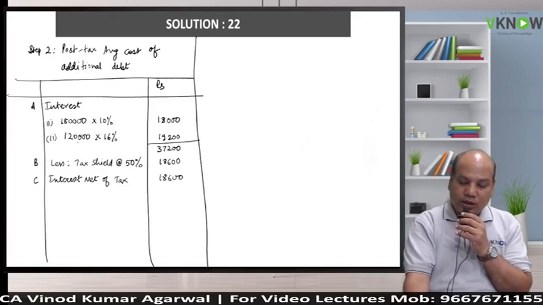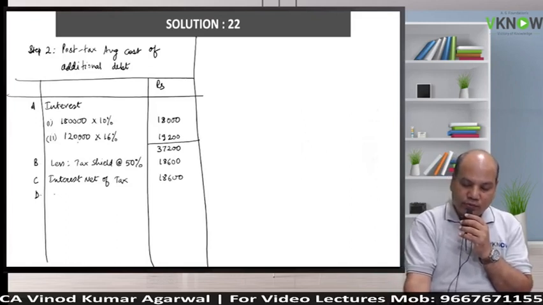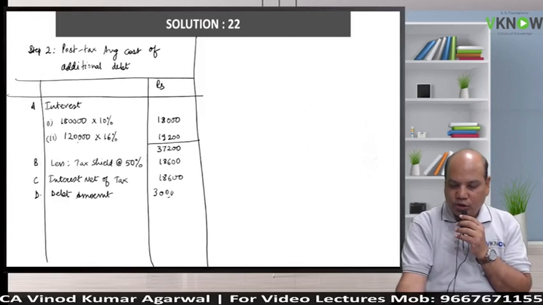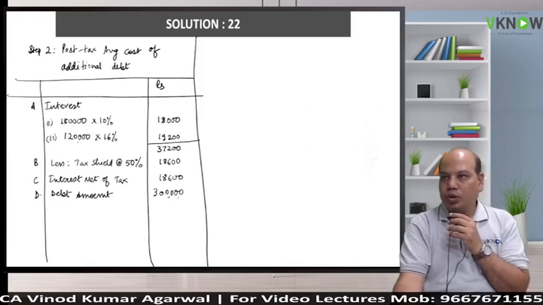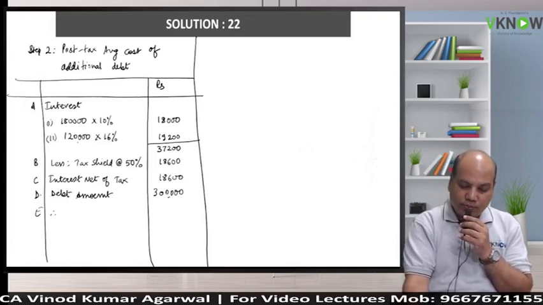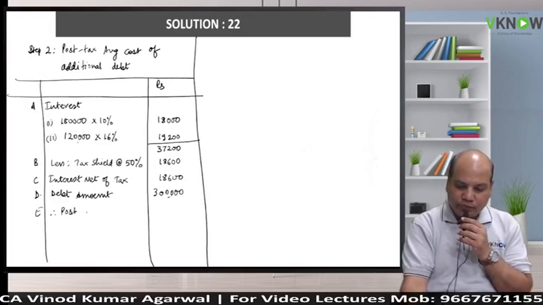But to pay that amount, how much funds did you raise? So debt amount. How much is debt amount? 3 lakh. So in short, you are paying 18,600 for raising 3 lakh rupees. Point number E, therefore, post-tax average cost of debt.